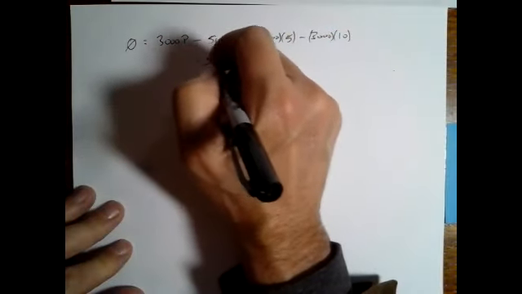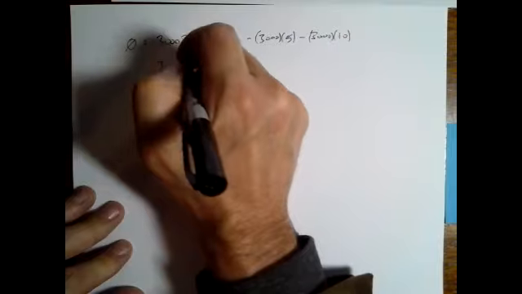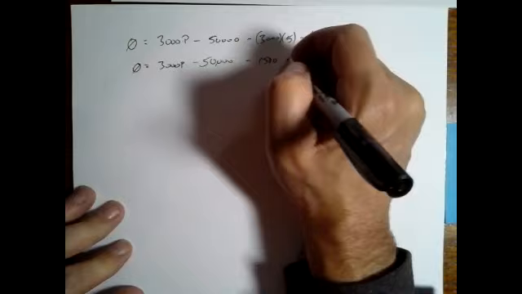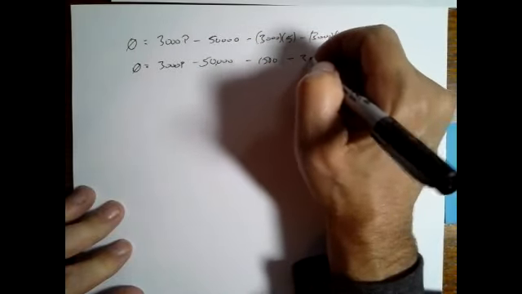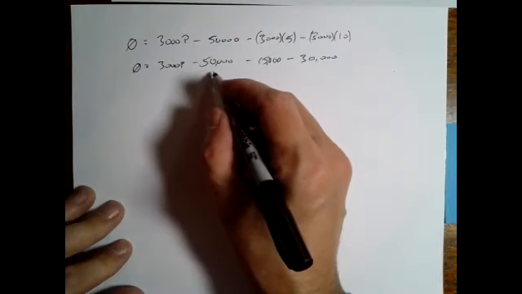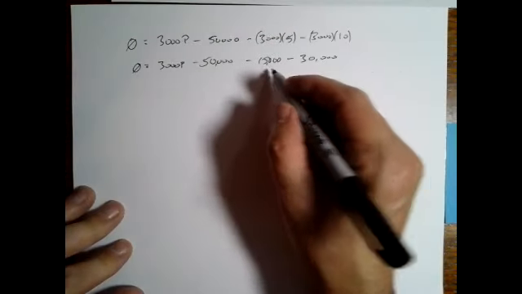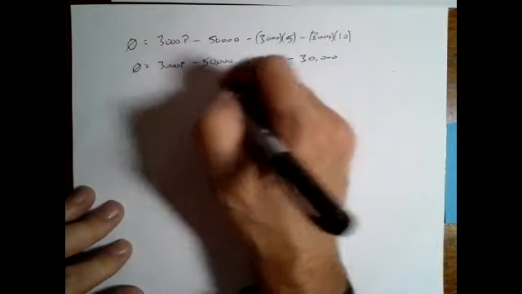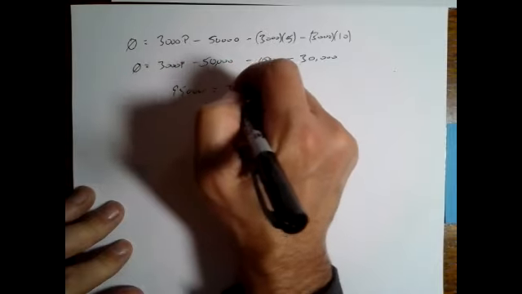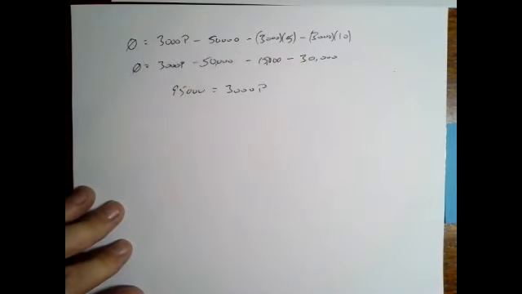So this is now 3,000 P minus 15,000 minus 30,000. Sorry, 15,000, not 1,500. And 50,000. So we have minus 50, minus 65, minus 95. Add 95,000 to both sides. We get 95,000 equals 3,000 P.